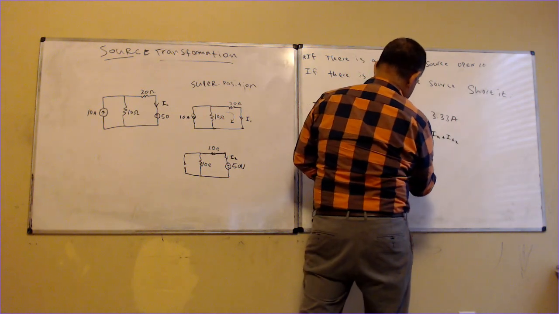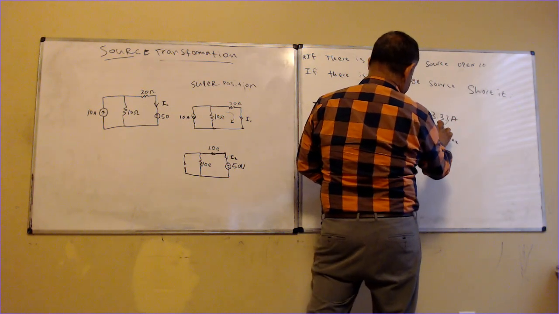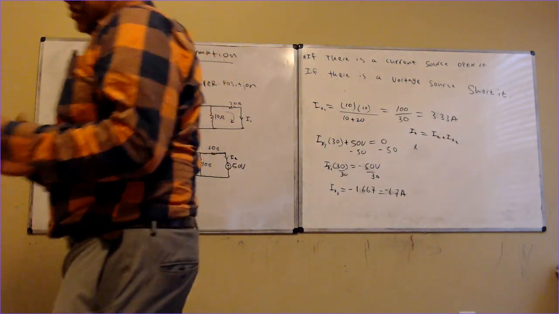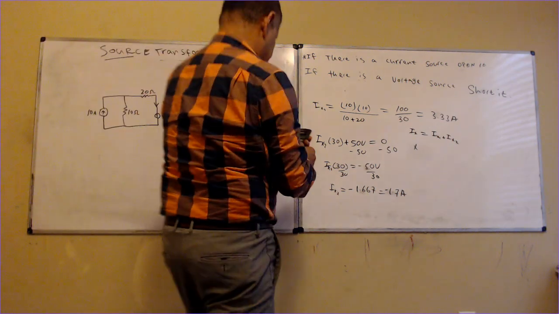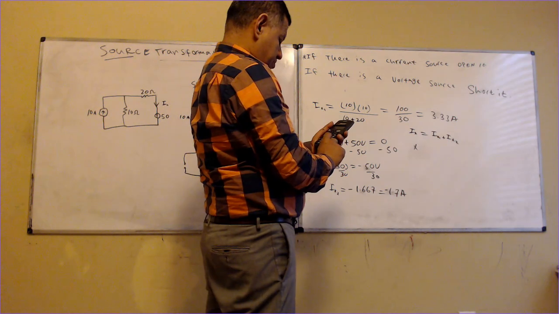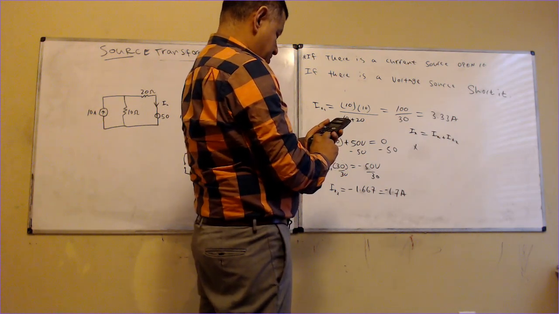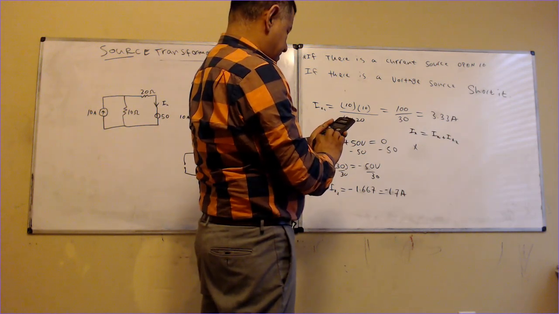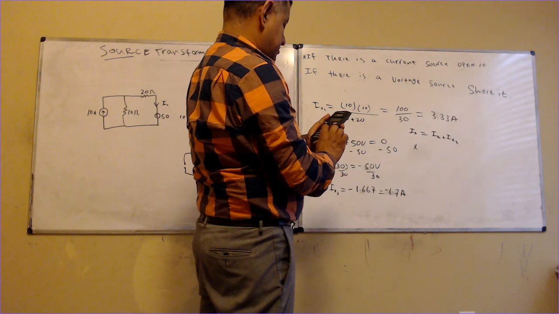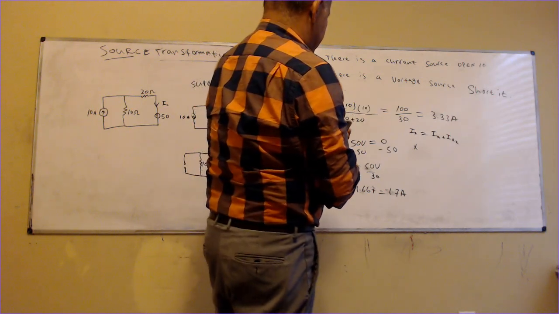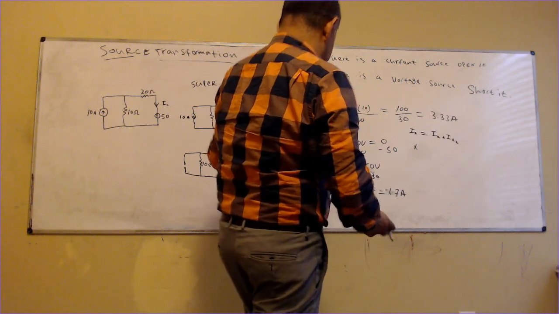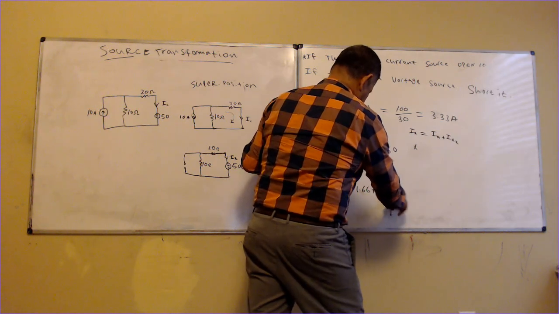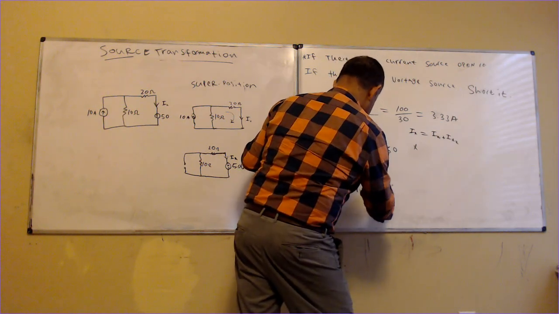So 3.33 plus negative 1.7. Very close. If you don't round this, just keep it as it is.